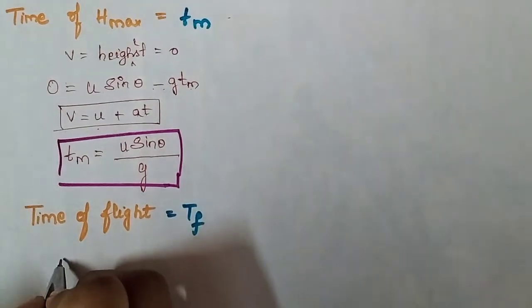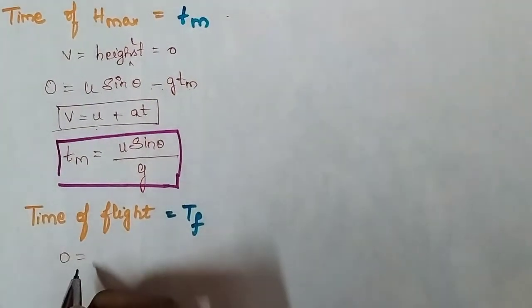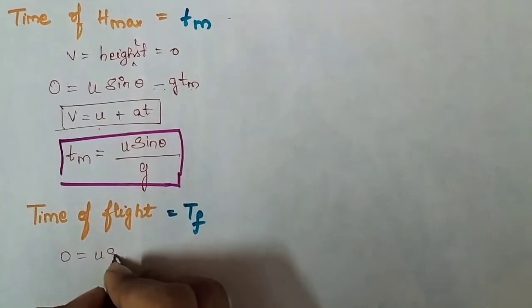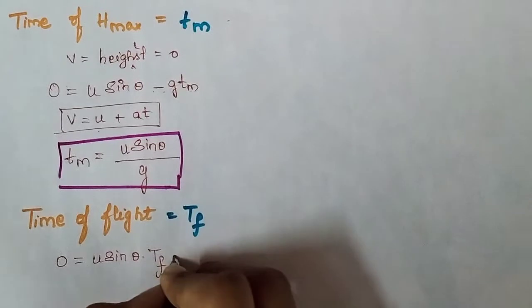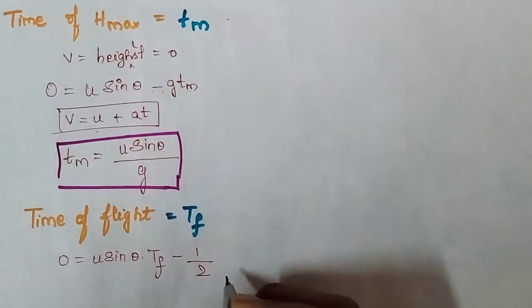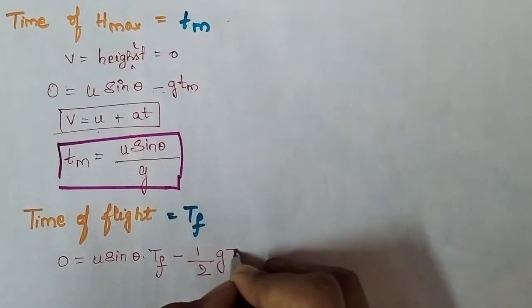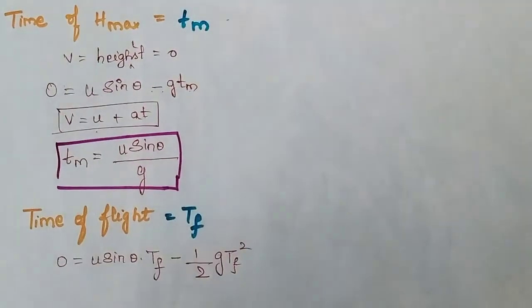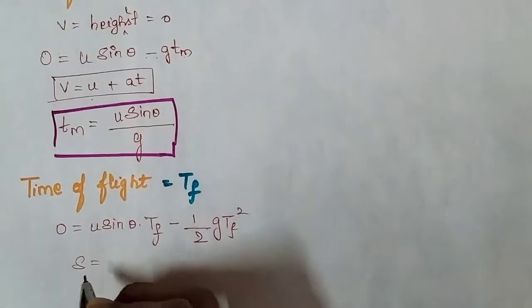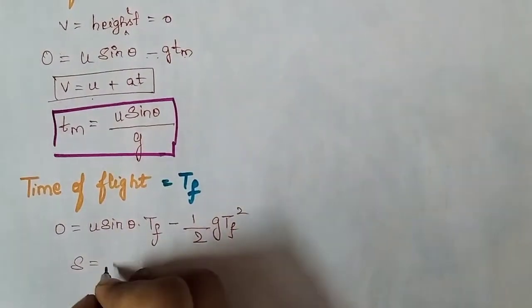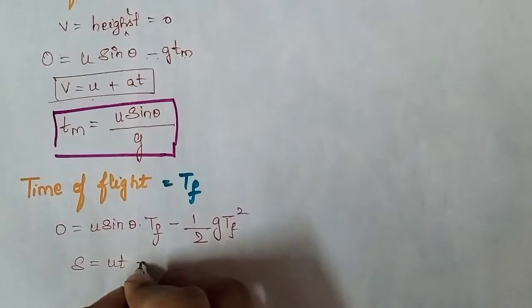So we will write the equation as 0 equals u sin theta Tf minus half g Tf squared. How did I get this equation? Children, you should think, and you might have got the answer right now.